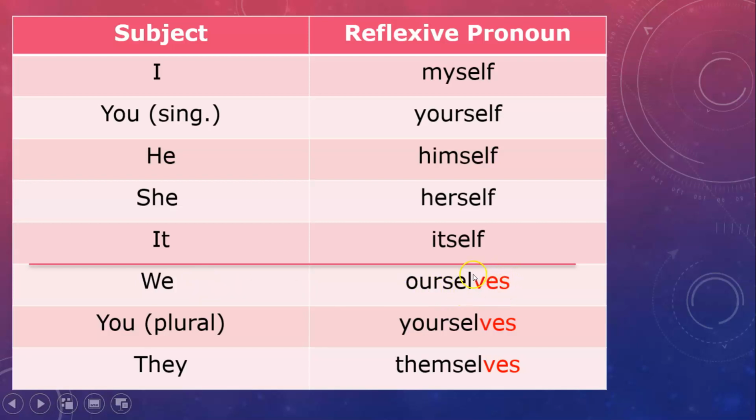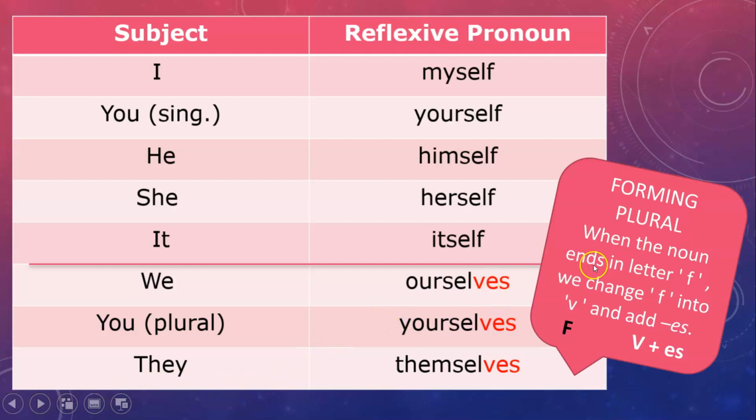So what's happening here? Our F changed into a V, and then we added ES. Whenever the noun ends in a letter F, we change the letter F into a V and we add ES. Thus, ourself becomes ourselves.